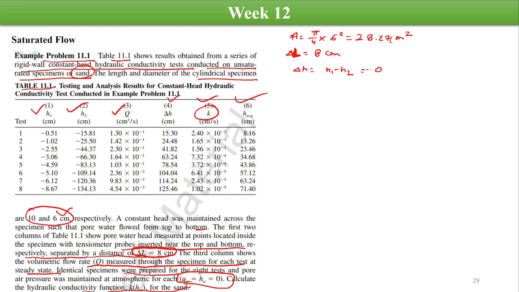Then it will be minus 0.51 plus 15.81 for the first reading, for the first test. So that will be 15.81 minus 0.51. So it will be 15.29. So it's 15.30 almost.